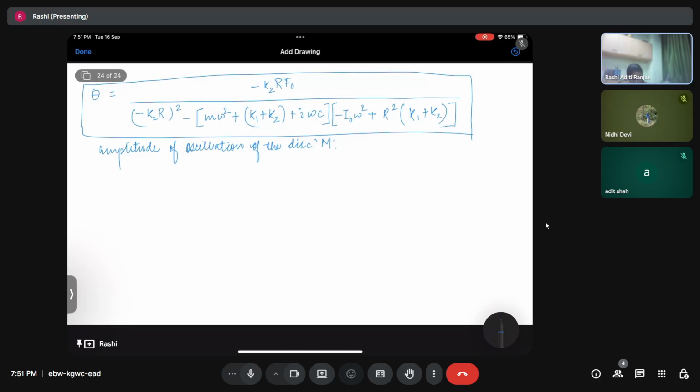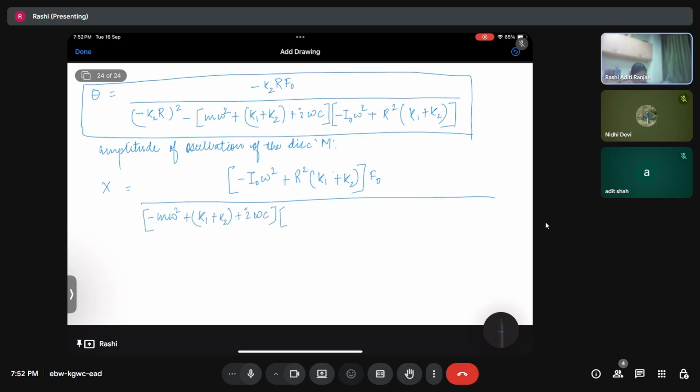And then we find out capital X, which is nothing but minus I naught omega square plus r square k1 plus k2, into f naught, divided by minus of m omega square plus k1 plus k2, plus iota omega c, into minus I naught omega square plus r square k1 plus k2, minus k2 r square.